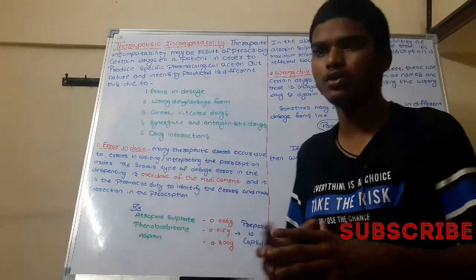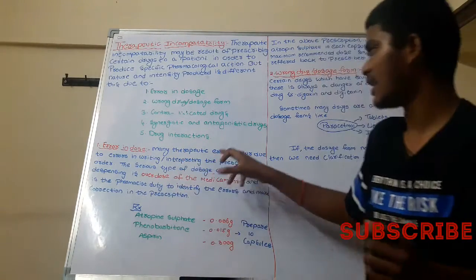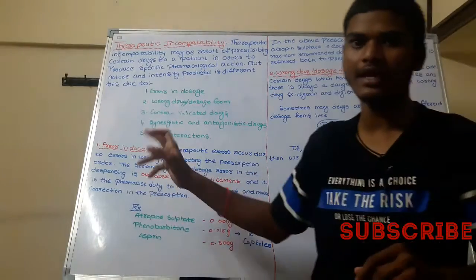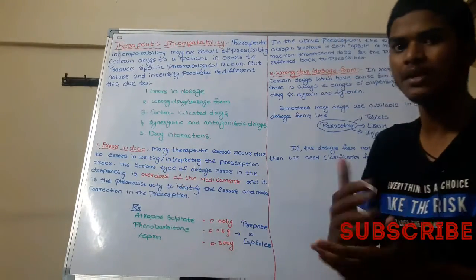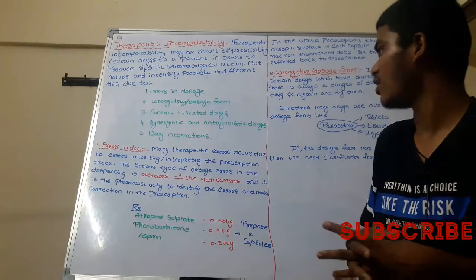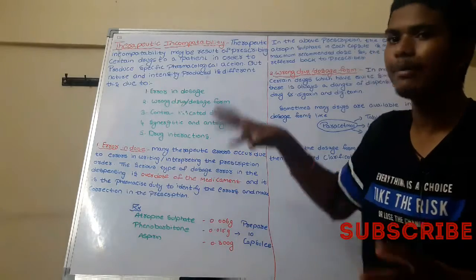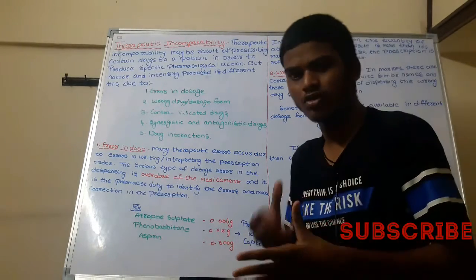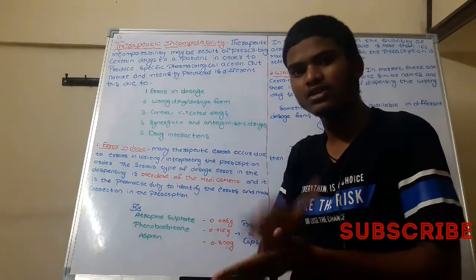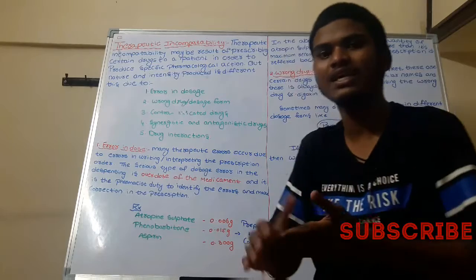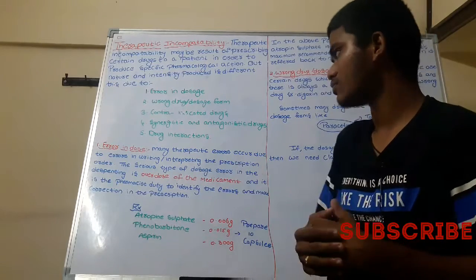Now we will see the error in dose. Many therapeutic errors occur due to error in writing or interpreting the prescription order. Here we can say therapeutic incompatibility is caused due to error in the prescription or misunderstanding the prescription.